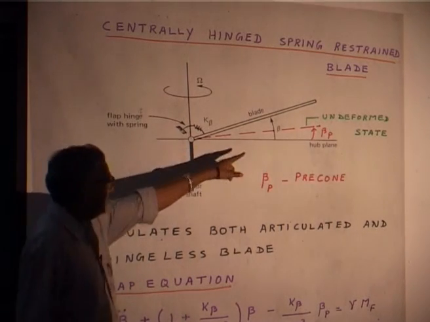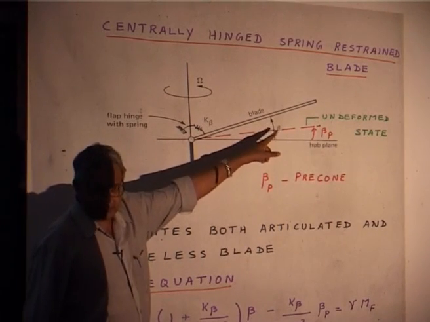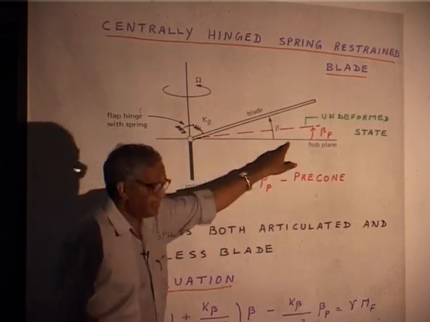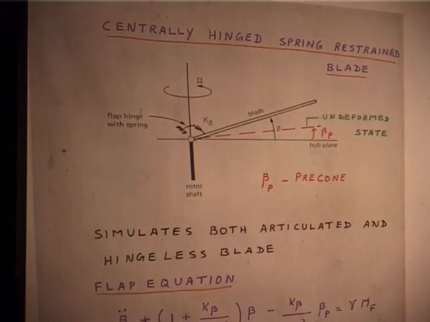Beta is the flap angle, please understand, measured from the horizontal plane, the hub plane, but the blade is already kept at an angle. That means the elastic deformation I give the spring is beta minus beta precone, and that much moment will act on the blade.